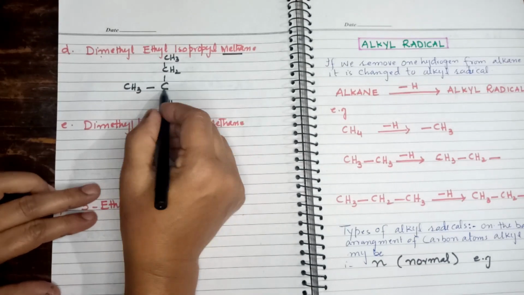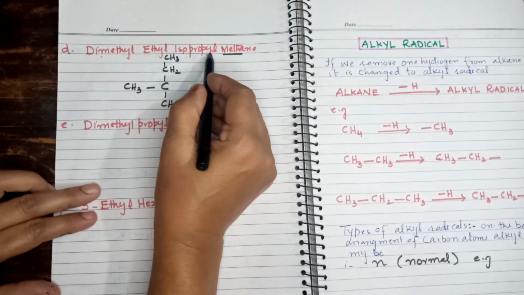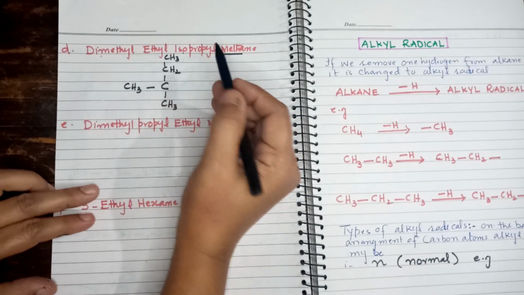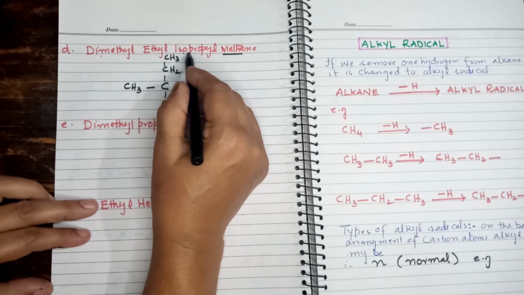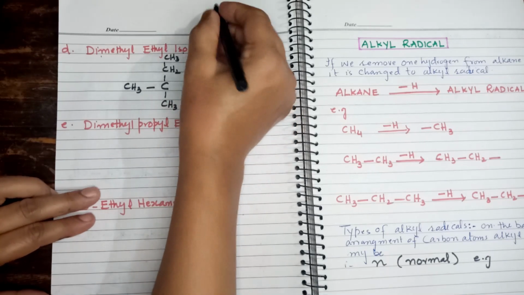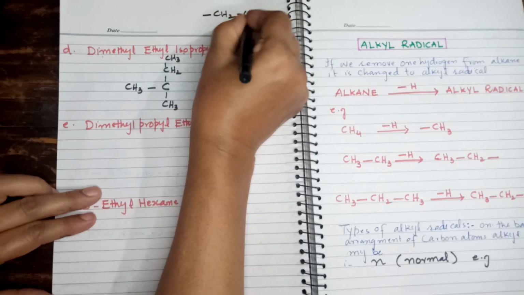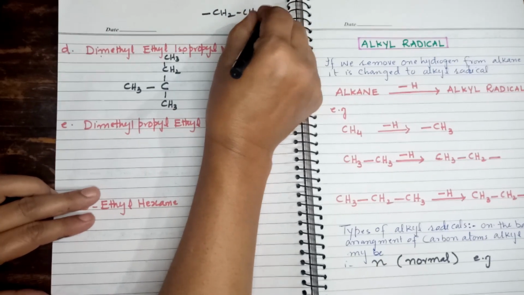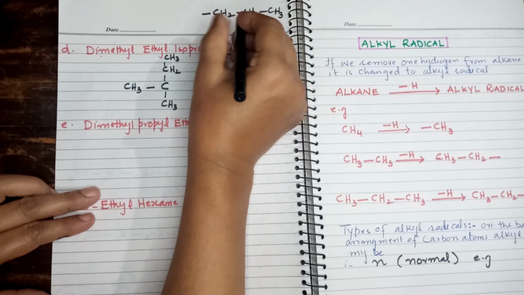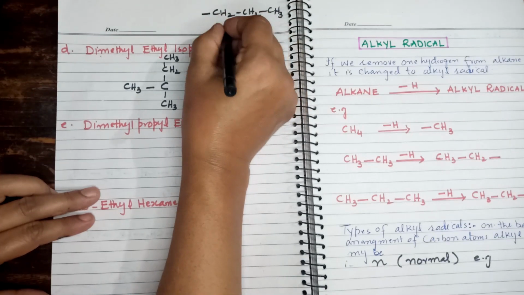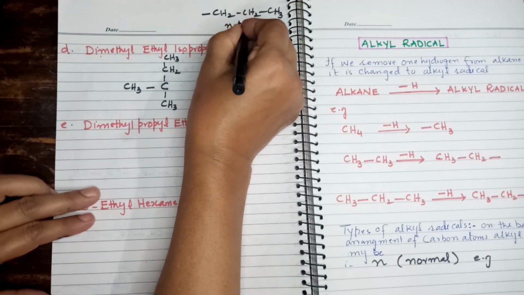Right, students? And isopropyl. Dear students, you know very well, we have 2 types of propyl. If a propyl radical is made up of CH2, CH2, CH3, then this propyl is known as normal propyl, that is N-propyl.